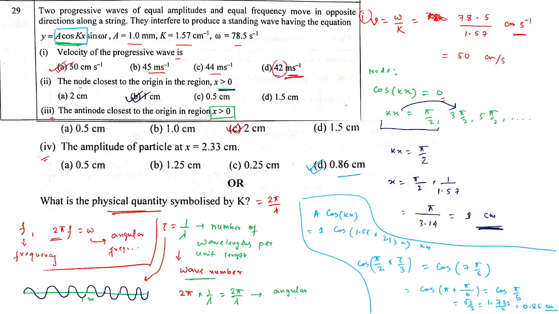Here it was wave number, so this is angular wave number. Keep it in mind. 2 pi by lambda is known as angular wave number, and 1 by lambda is known as wave number. 1 by lambda represents the number of wavelengths per unit length.